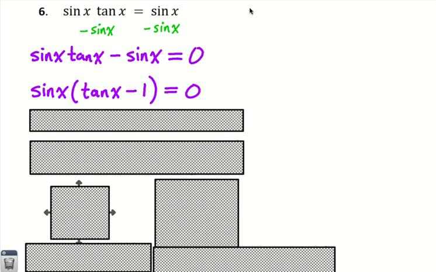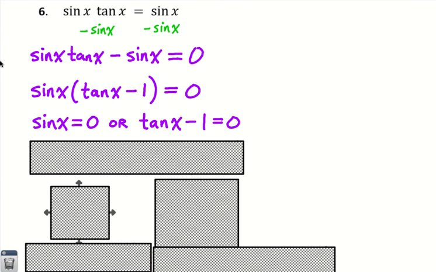And since both of these terms have a common factor of sine of x, we can factor that out as a GCF. And what do you always do after you factor? You set the factors equal to 0 separately, and you go from there.